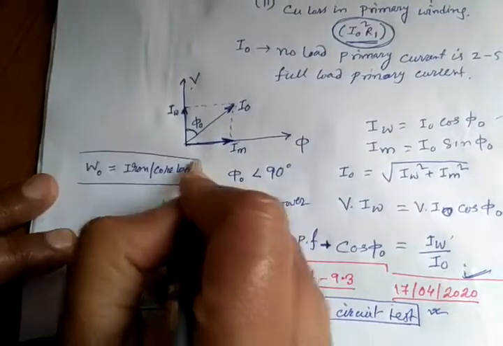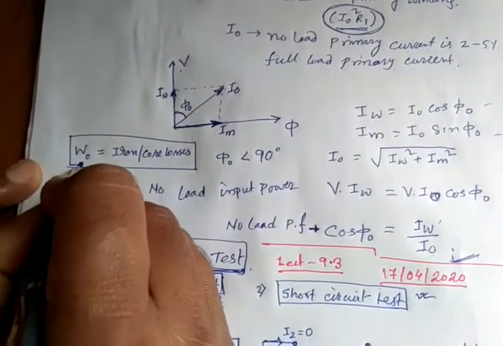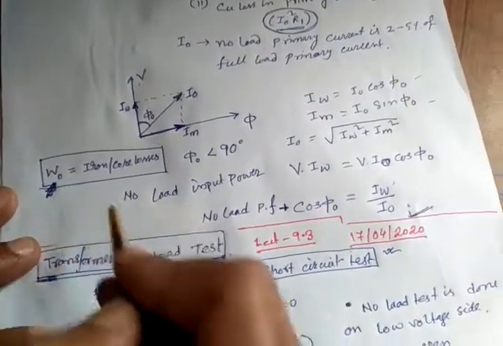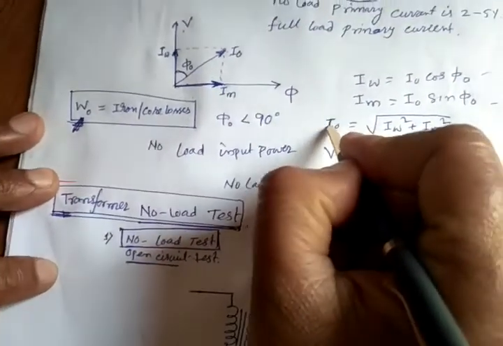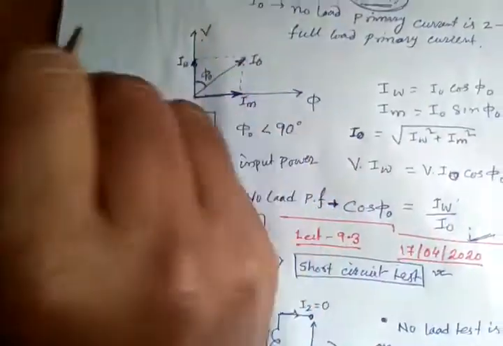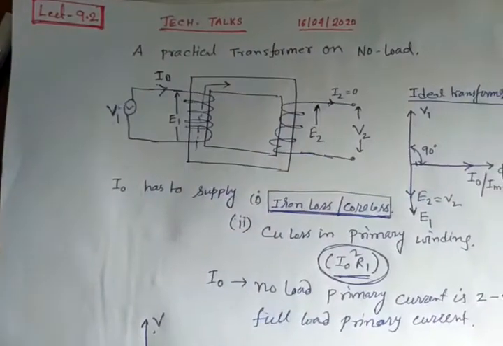So we need the amount of power consumed in the primary for the no load test, the amount of current drawn from the supply, and the voltage of the supply.